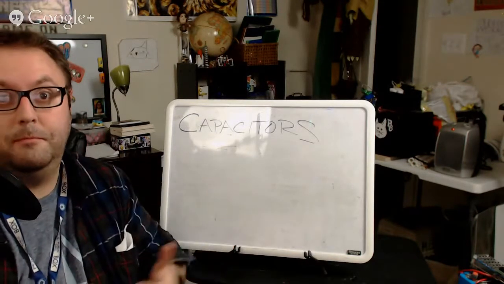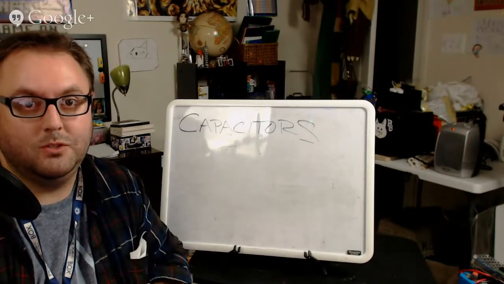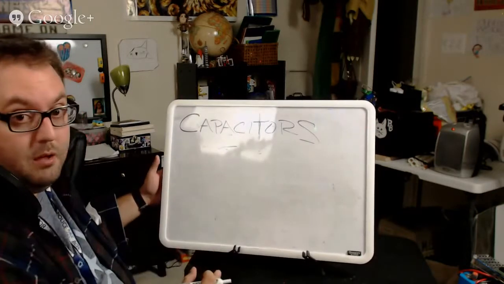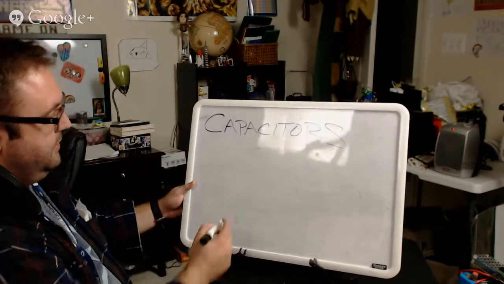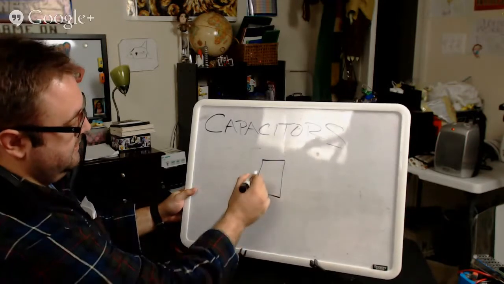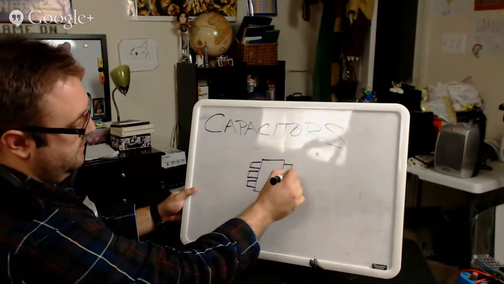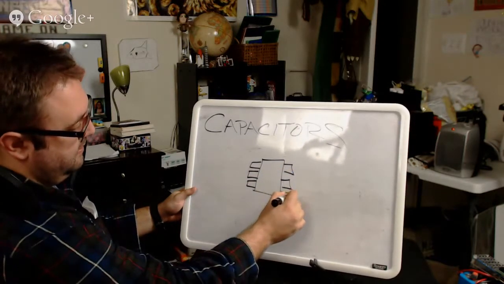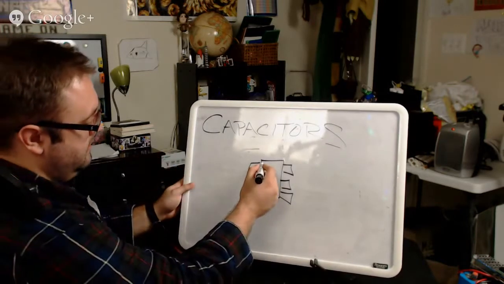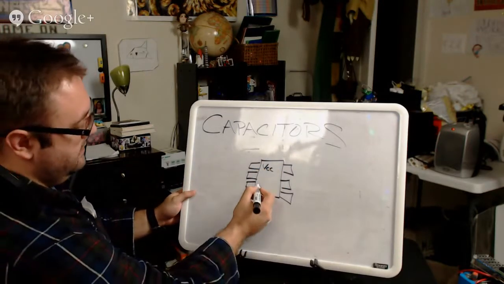What do we use capacitors for when we're doing microcontroller kind of work? Well, most often we say we have a digital IC chip. One of the pins on that chip is your VCC, or the power. Another pin is your ground.